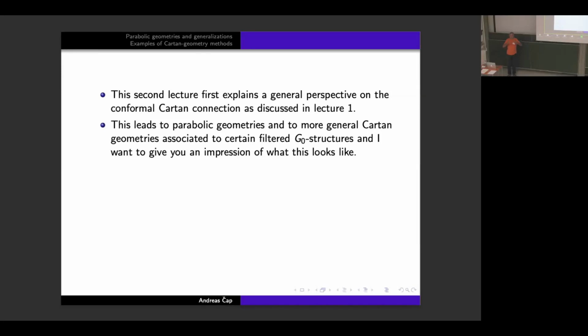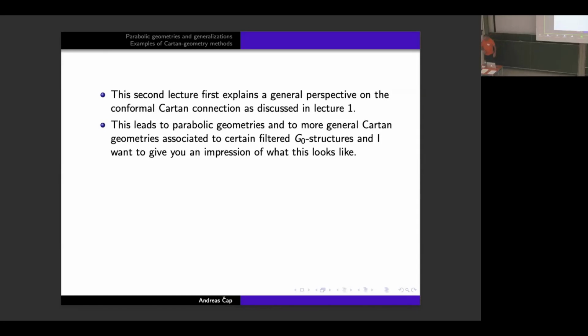Yeah, so what you actually get is a large class of families of homogeneous models, which give rise to Cartan geometries that share properties with conformal structures. And fortunately, this family contains a large number of very interesting examples that were even studied before independently. And this is the class of parabolic geometries.